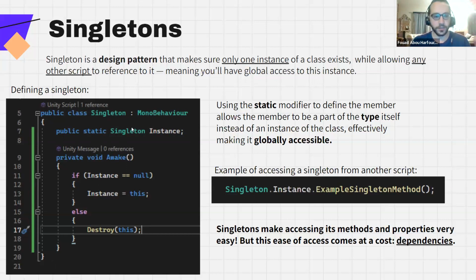It's a modifier to the singleton instance here, and it says this instance property is a part of the class itself, of the type Singleton itself, and not something that you need to define when you create an instance. It also makes it so that this instance is globally accessible. So I'm going to show you an example. Don't worry if you are confused.